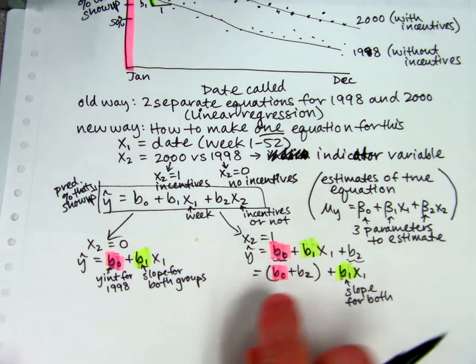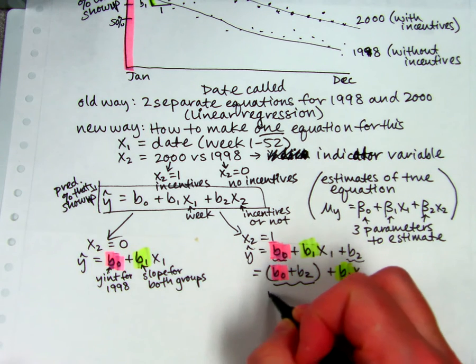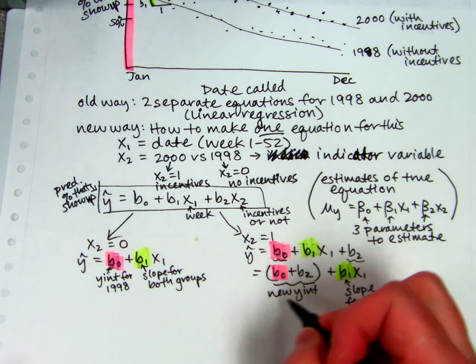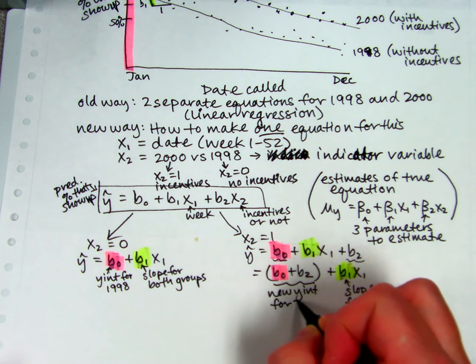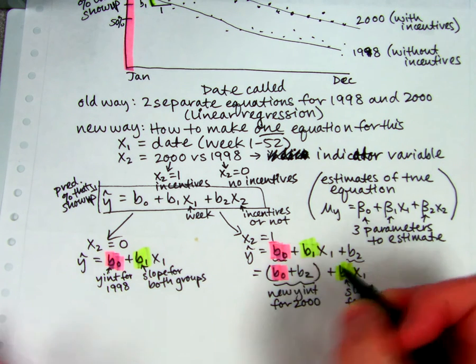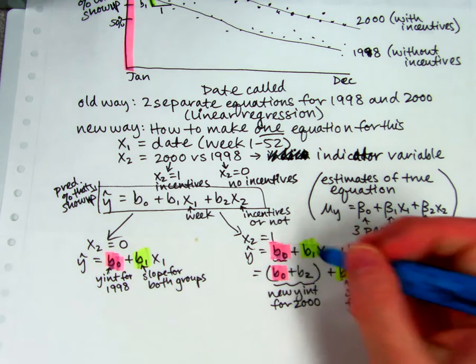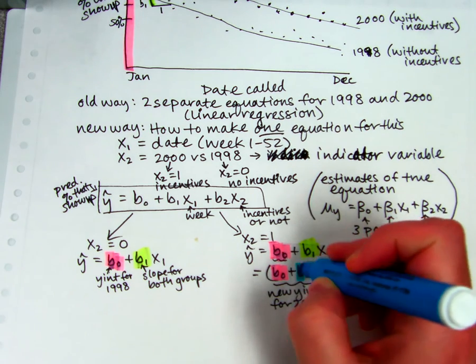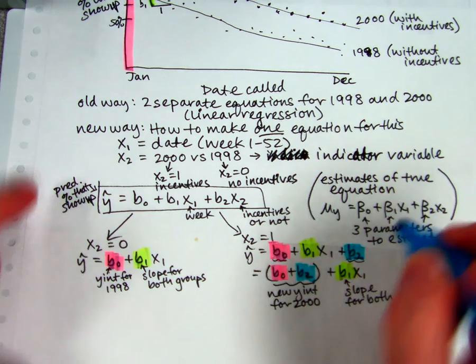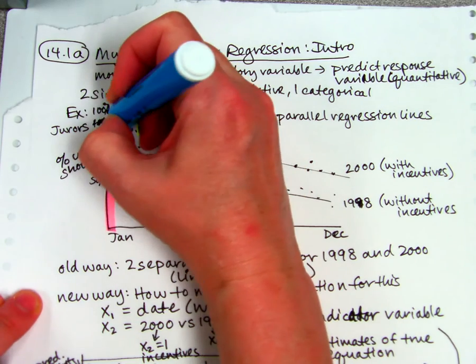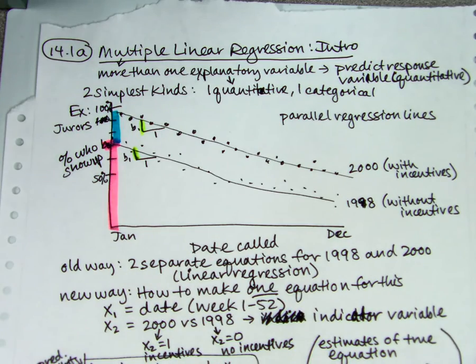Okay, well, this whole thing is my new y-intercept when we add the incentives, or for 2000. In other words, b2, which I think I'll make that be blue, is the extra percent of jurors that we gained by adding incentives. On the graph, it's this piece right here. It's how much that line moved up.